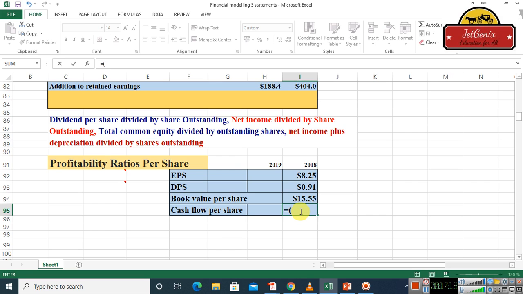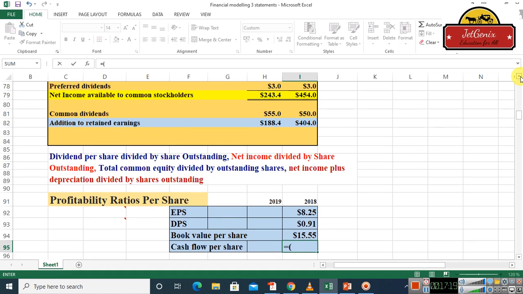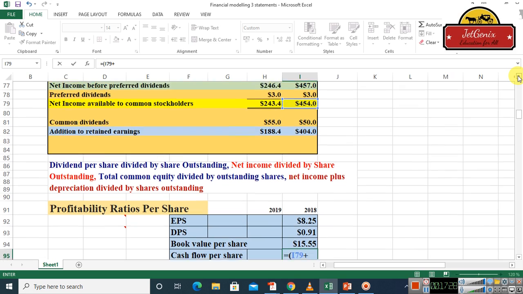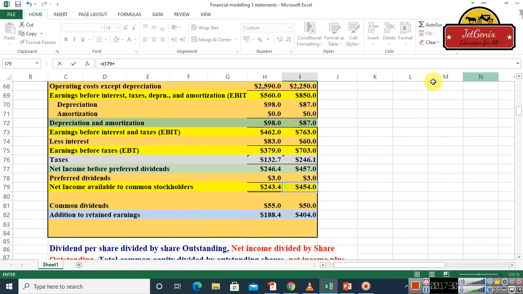to add net income plus depreciation and then divide it by the outstanding shares. So I am going to select the net income for 2018, and I will add the depreciation. The depreciation is here, this one, and I am going to divide this value by the outstanding shares.